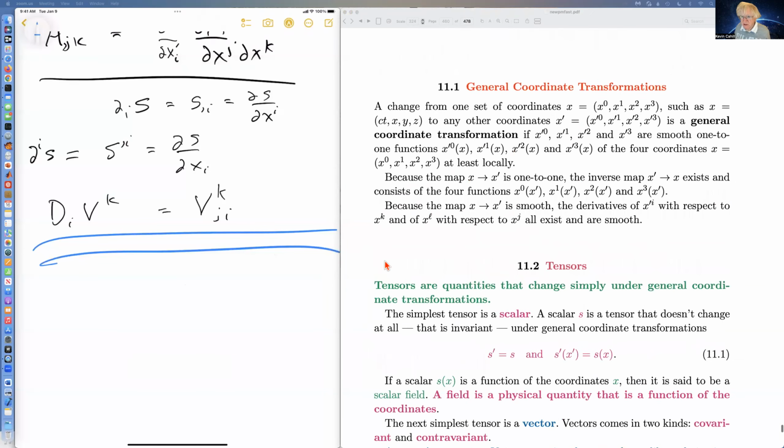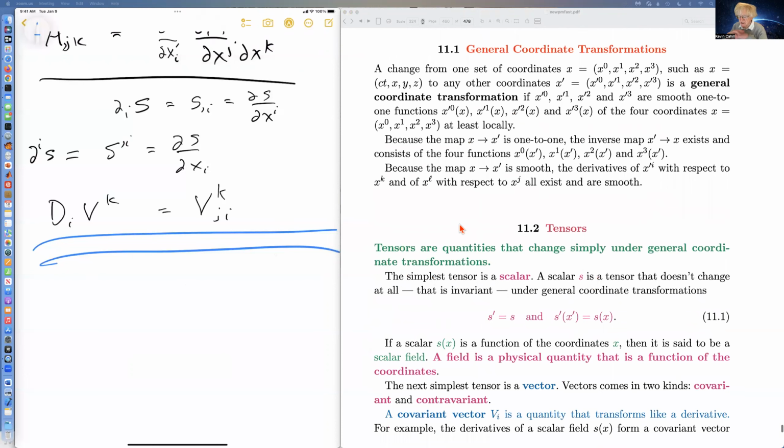So the essential idea is to use tensors, and tensors are quantities that transform simply under changes of coordinates. And by changes of coordinates, we mean the change should be 1-to-1, and it should be smooth so we can differentiate and so forth.